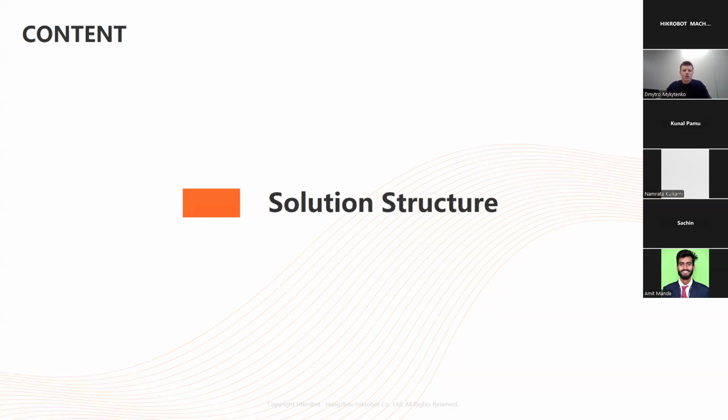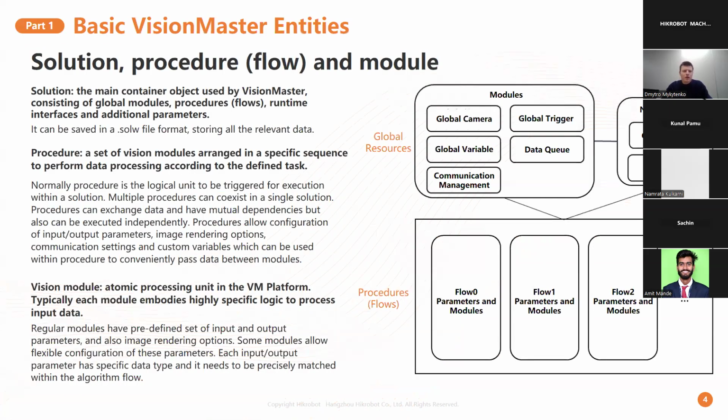So what exactly is the solution and why is it so important? The solution is the main structural object in VisionMaster that contains all information related to a specific machine vision task. Only a small number of parameters exist at the application level. Almost everything else is stored within the solution itself.